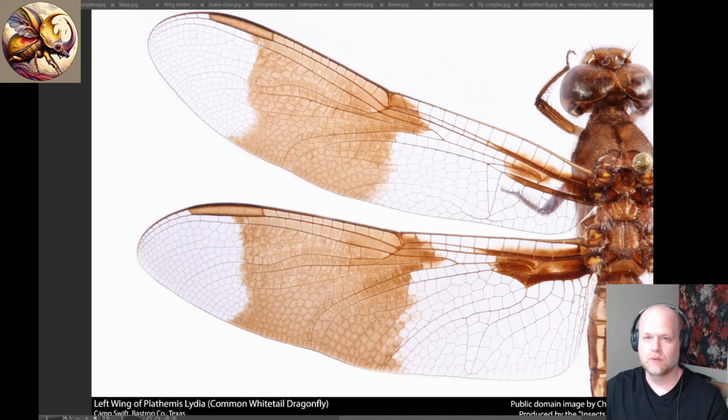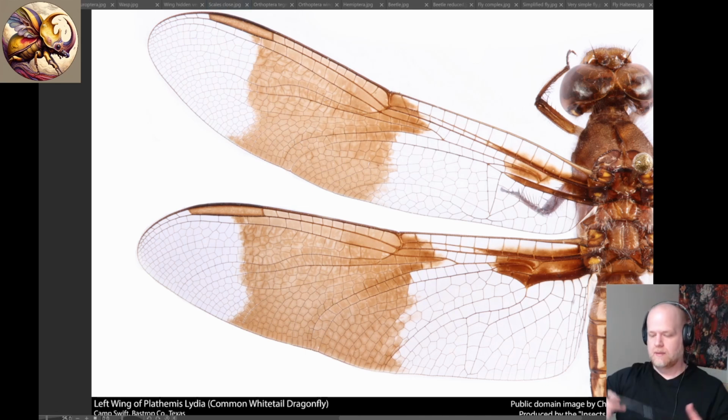If you look at this, you'll see the top of the wing has the costal vein. Below that is the subcosta, like we talked about last time. So you start from the base: costa, subcosta, radius, medius, cubitus, anal, and jugal. Up here you can see the pterostigma.